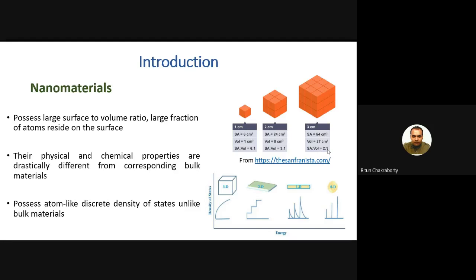So you can see that as the size decreases, the surface to volume ratio increases. Yes, sir. So this is one of the characteristics. These are the main points of why nanomaterials are important, or the characteristics of nanomaterials.